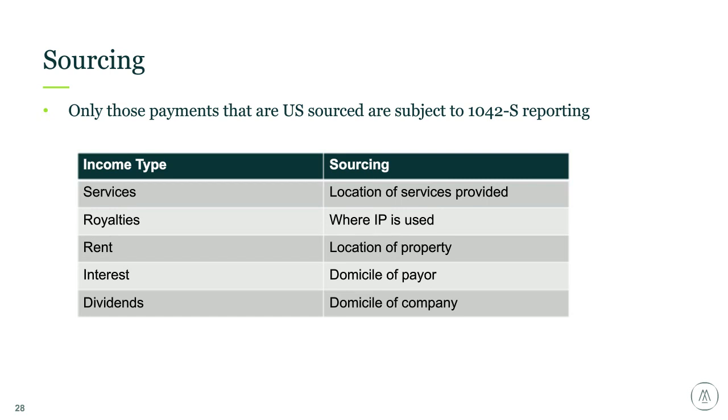So if you're paying a royalty for people sitting in New York on their computers to use that, that's U.S. source royalties. Rent is pretty easy, the location of the property. However, sometimes rent can move around if you're renting shipping containers. So that has to be documented, percentage of where your property that you're renting is located. Interest is always sourced by the domicile of the payer, and dividends are sourced by the domicile of the company.